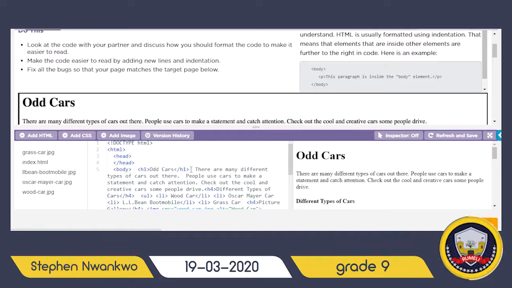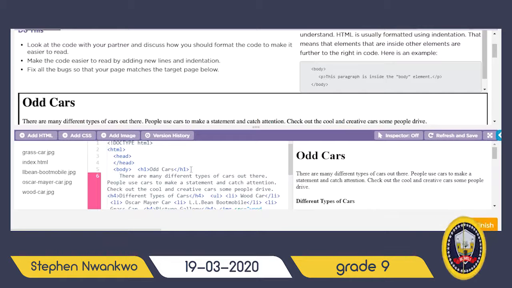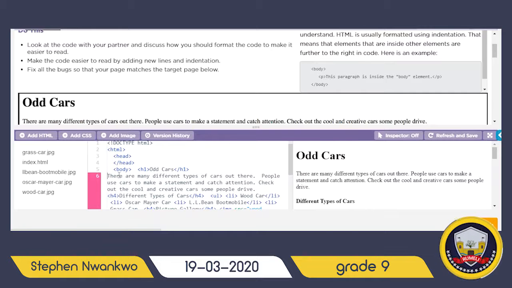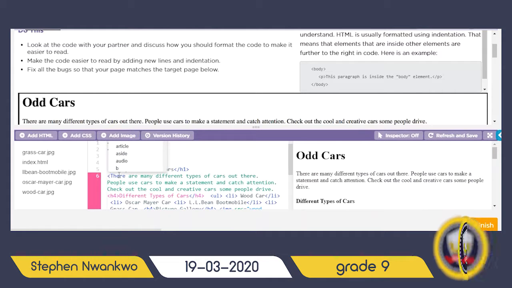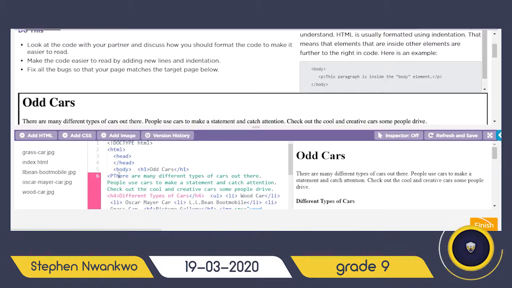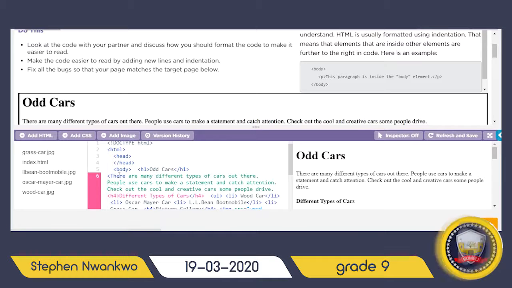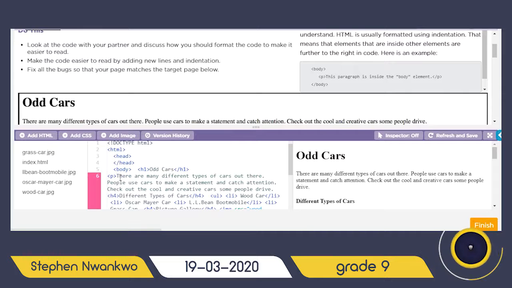Okay, click on this space, click enter, you place your paragraph P. Okay, now this is indentation. You have taken the text far to the left. Okay, now the white space, you close the paragraph P.